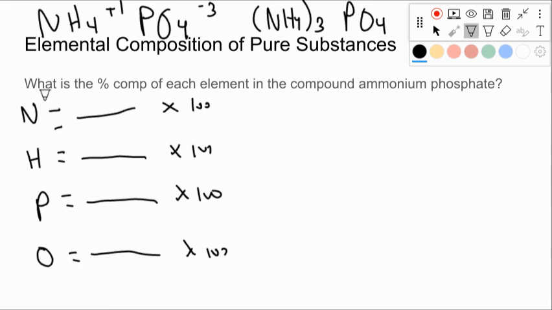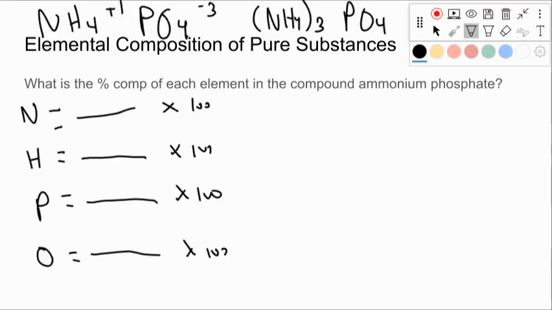So for nitrogen, because of this subscript that is on the outside of the parentheses, I have to distribute that in. So right now there's an understood 1 nitrogen in the parentheses. I'm going to multiply it by 3. So 3 times 1 gives me 3 nitrogens. So the number I'm going to write up here on the top is going to be the mass of nitrogen times 3. So let me grab my calculator and my periodic table.